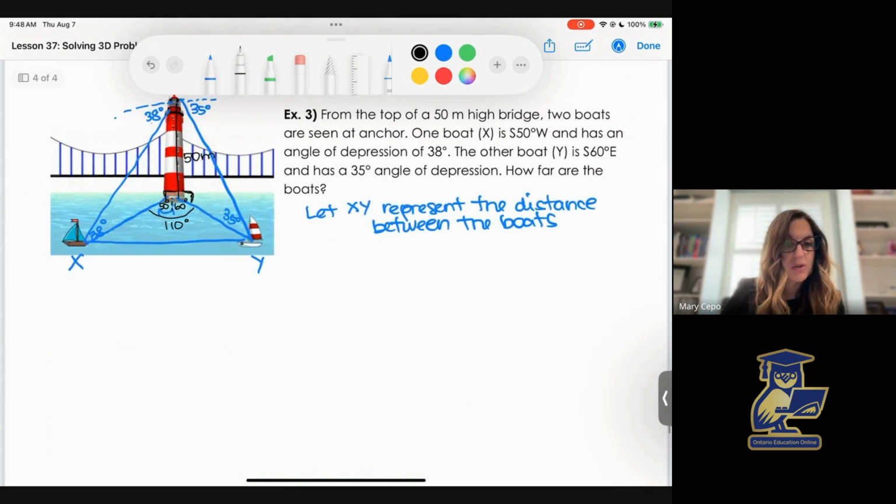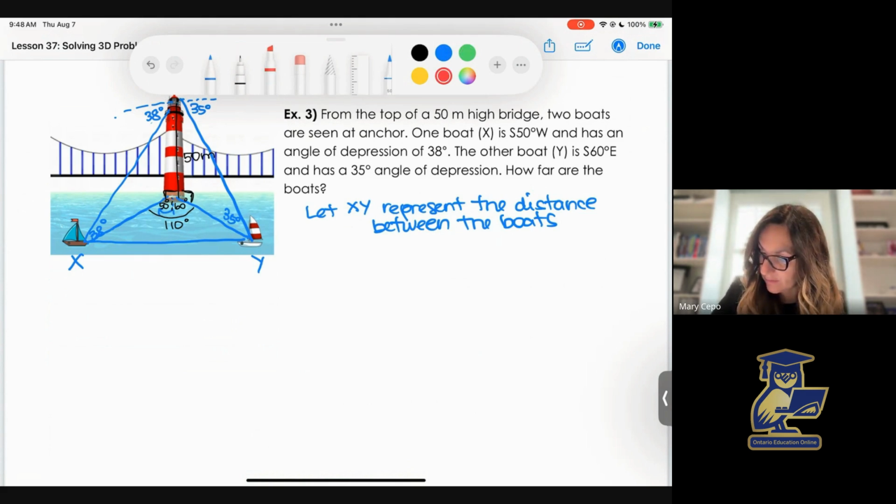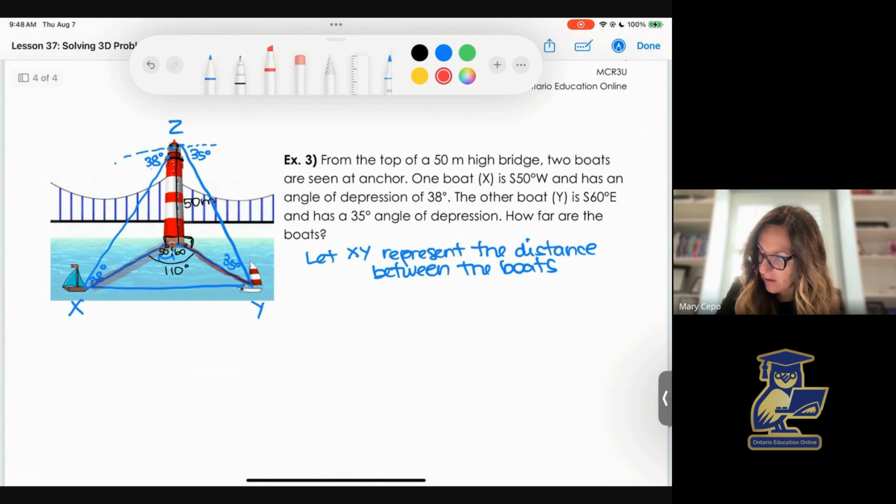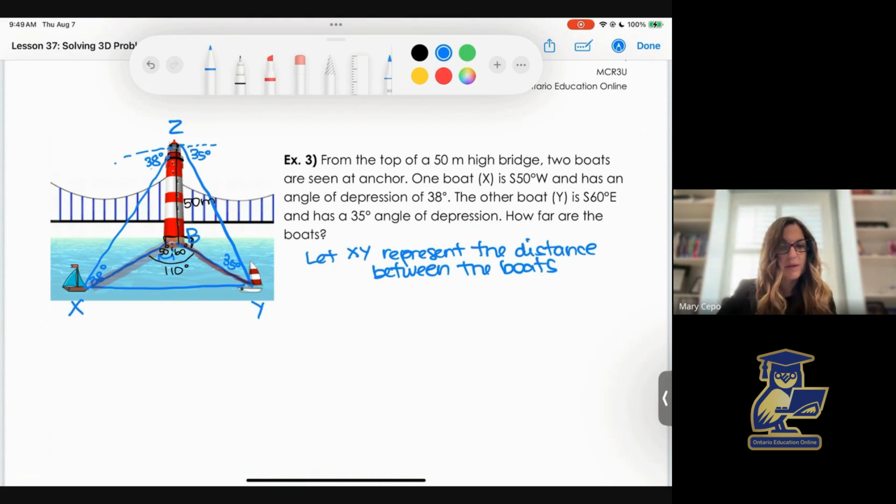So what we need to do is notice they have the common sides here, here. Now, in order to identify this, this is the base of the bridge, I'm going to call this B, just to make it easier.